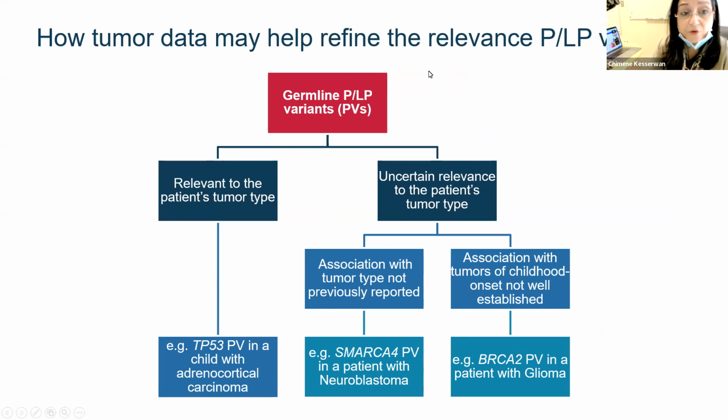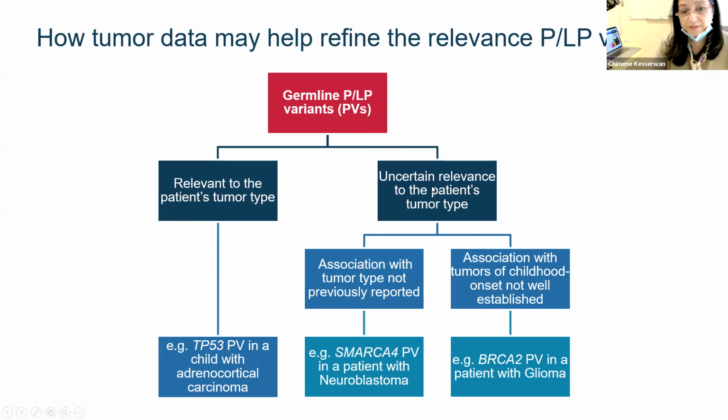So here, as I mentioned, assume you have a germline pathogenic or likely pathogenic variant, right? It could be relevant to the tumor type. So, for example, a TP53 pathogenic variant in a child with adrenocortical carcinoma. We know this is a causal variant relevant to the tumor type of this patient.